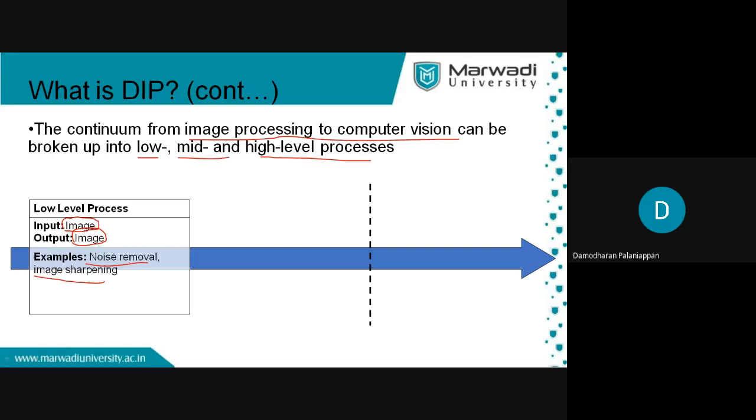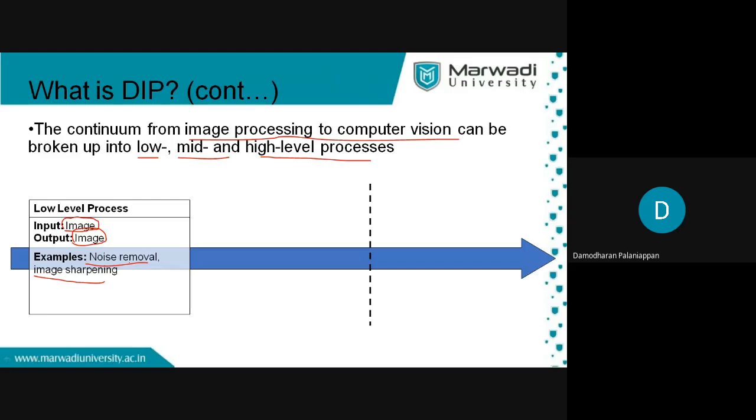Noise removal is nothing but removing unwanted information in the image. Image sharpening is just like adjusting your lens to get a focus, an exact image. That is called image sharpening. This type of operation can be done in the low level process.